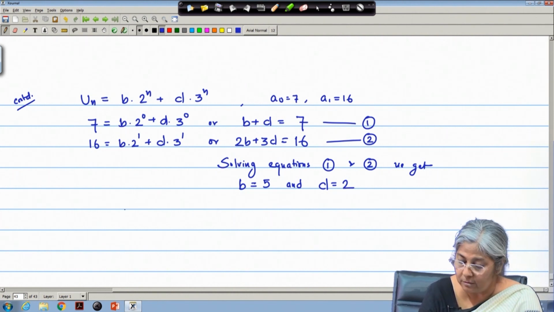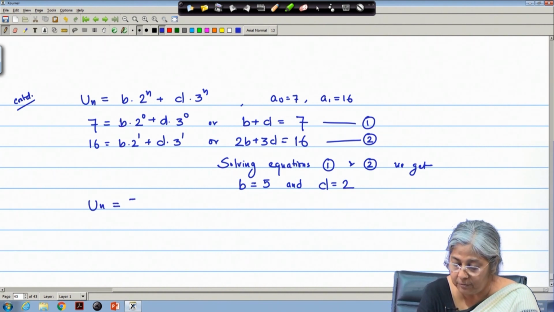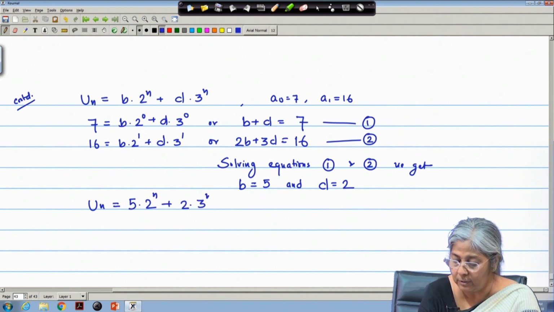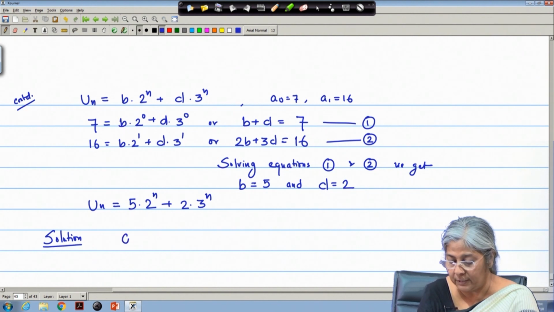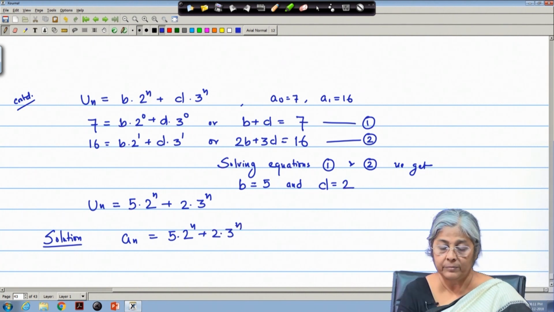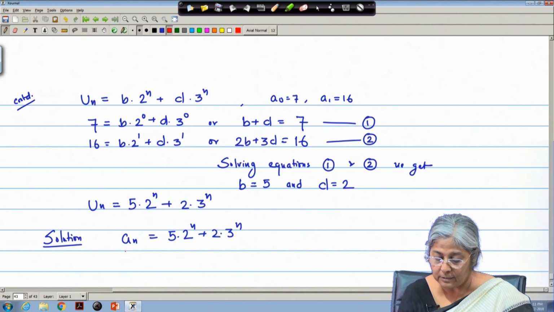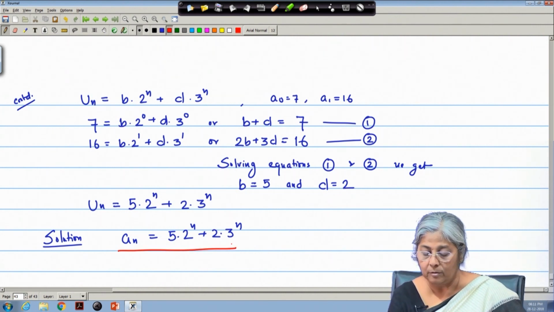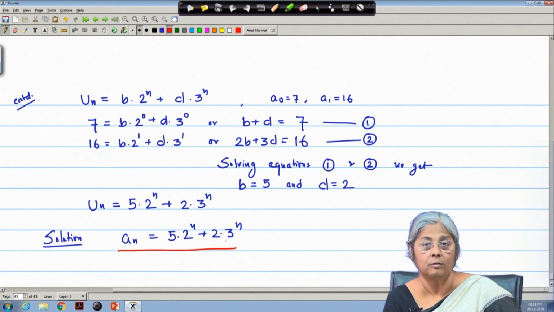So, we get that Un equal to 5 2 to the power n plus 2 3 to the power n. That means my solution is, I have taken n, so an is 5 2 to the power n plus 2 3 to the power n. So, I get an explicit formula, or the solution of an.